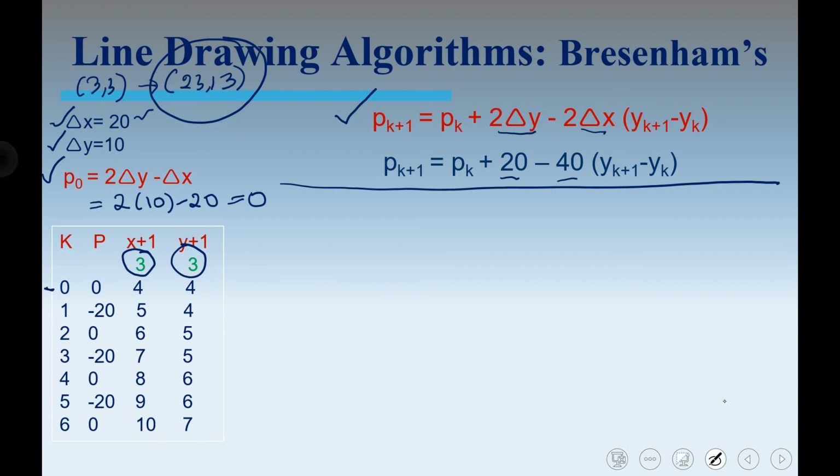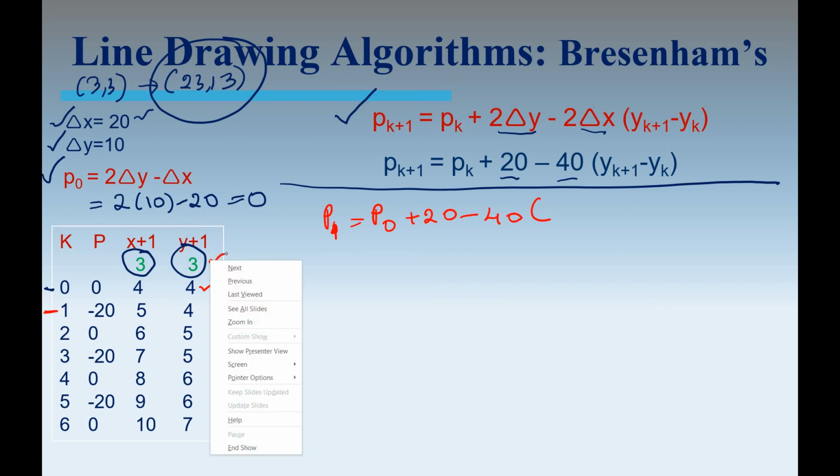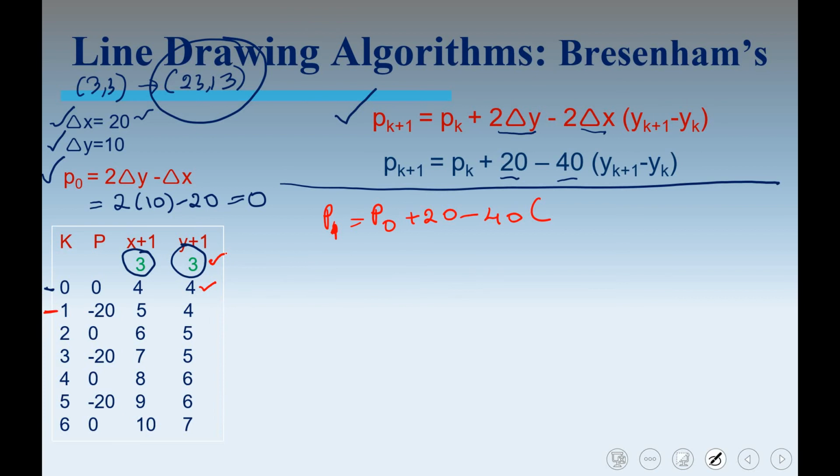Now let's say when k is equal to 1, what will be the value? Let's see, pk, when k is equal to 1, p1 will be equal to p0 plus 20 minus 40, and yk plus 1 minus yk, so it means 4 minus 3.